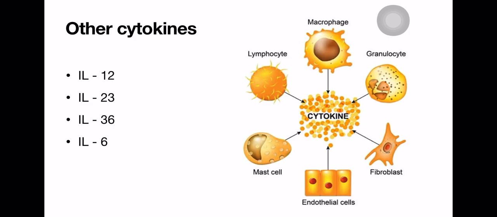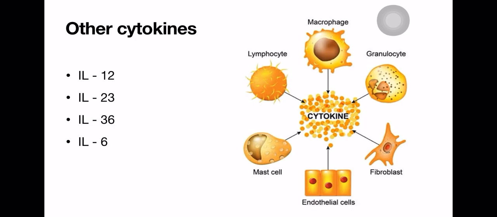IL-12 and IL-23 are heterodimeric cytokines that share a common subunit, which is p40, and play a role in the establishment of chronic inflammation. IL-36, primarily expressed from keratinocytes and monocytes, is involved in innate and adaptive immunity.